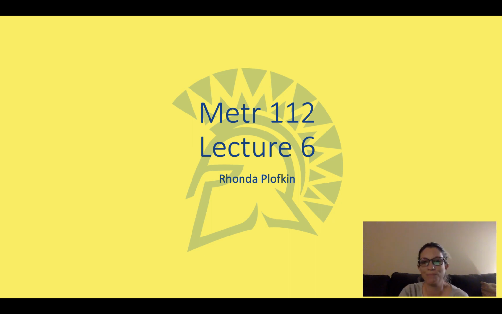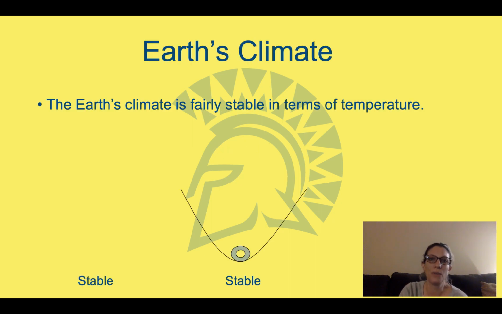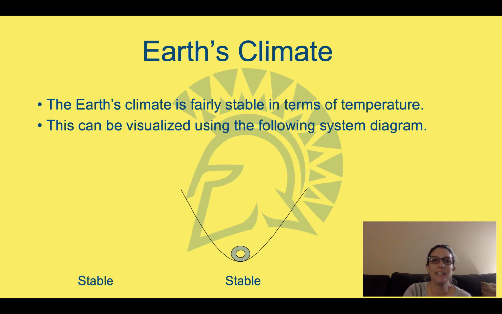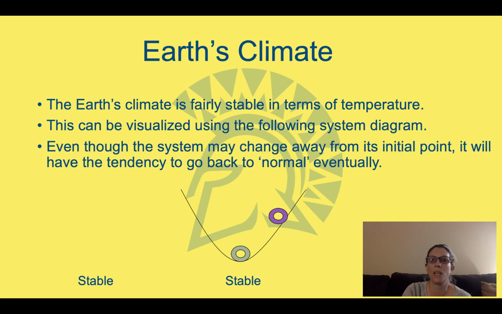So let's get started. The Earth's climate is actually fairly stable in terms of its actual temperature. This can be visualized using the following system diagram. Imagine this piece right here is like a rock, and you push the rock up the hill. If you push it up to this point, what's going to happen?